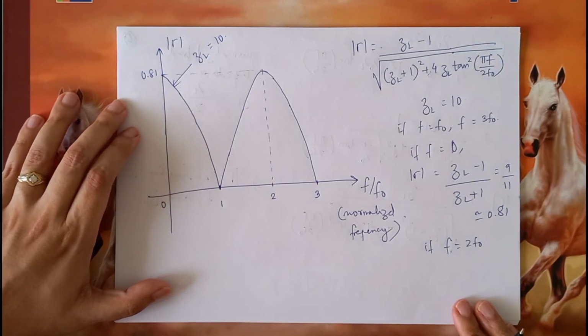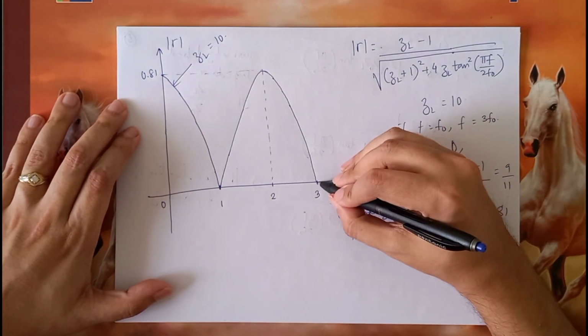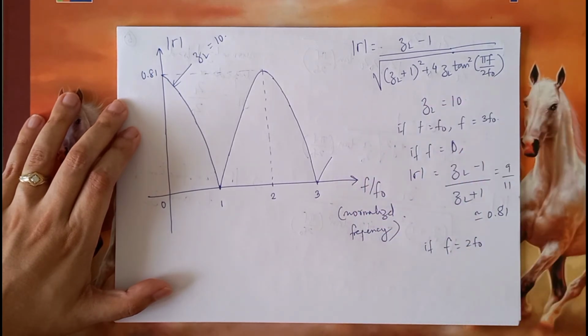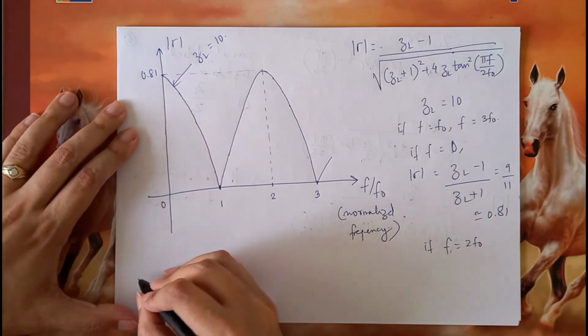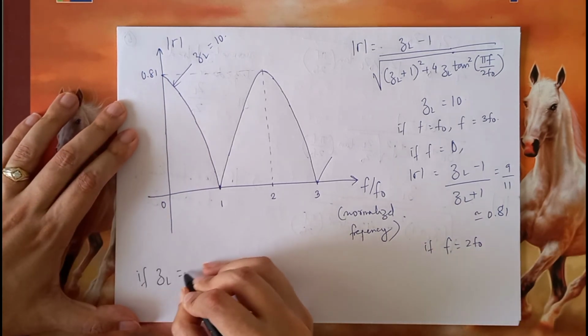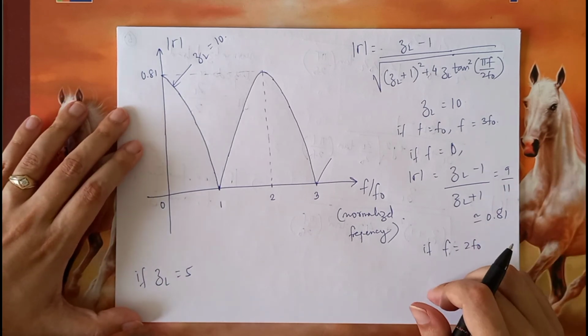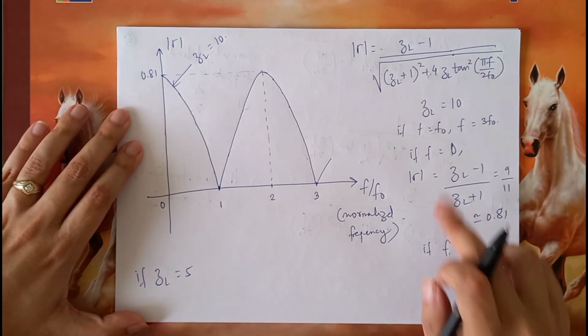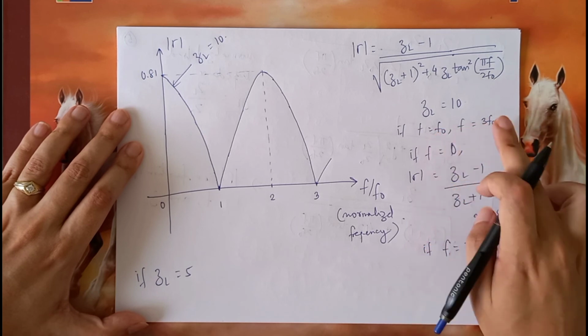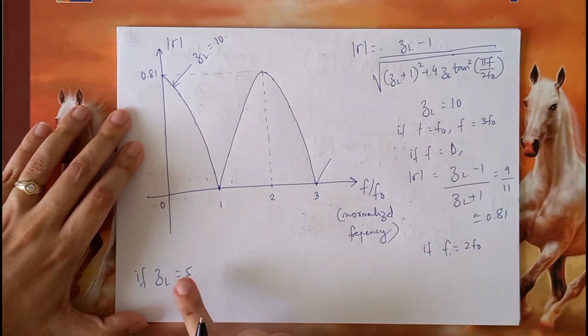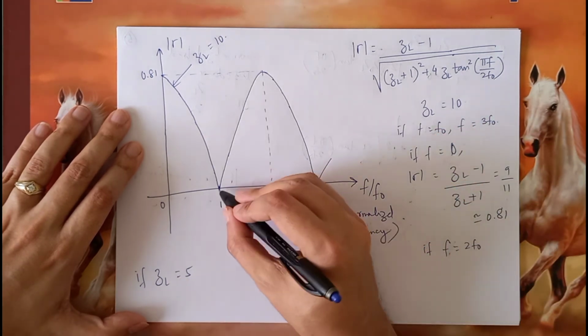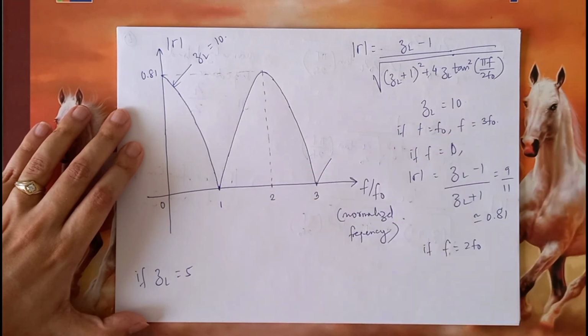Now what if ZL becomes 5? If ZL is 5, now if F is again equal to F0 or 3F0, irrespective of the value of Z, the gamma will become 0.